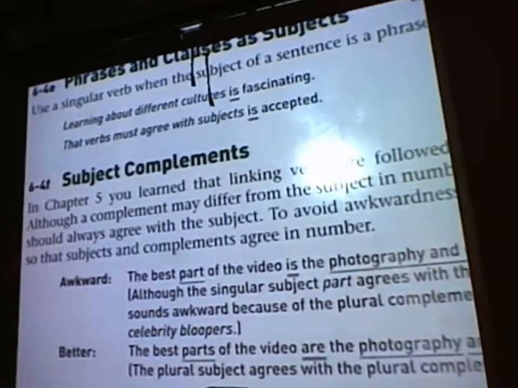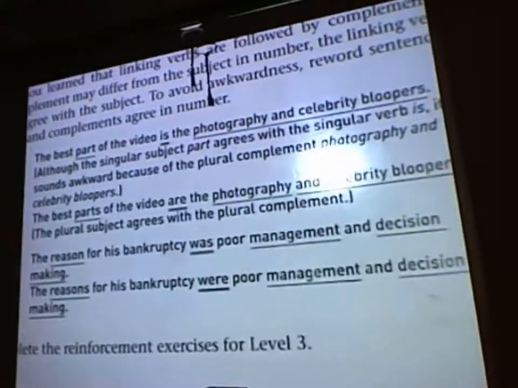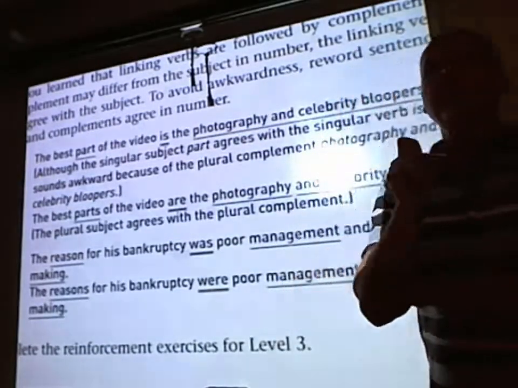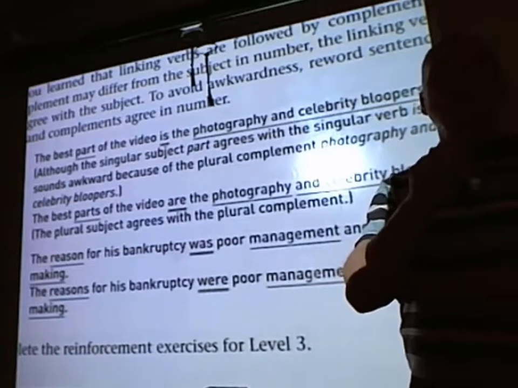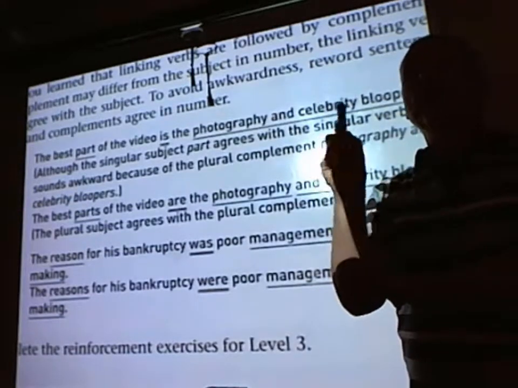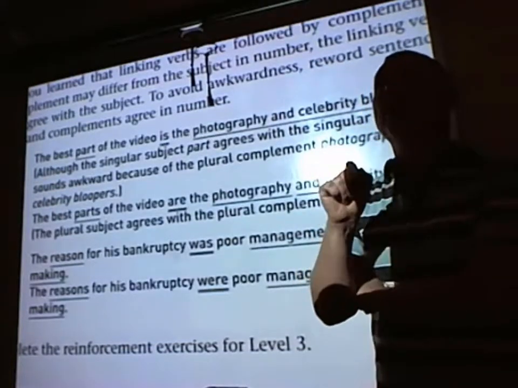Anytime that you can ask the questions what or who after an action verb, that answer to the question what or who is a direct object. What is an action verb? An action verb is a verb that shows action, like the words jump, take, complete, throw.